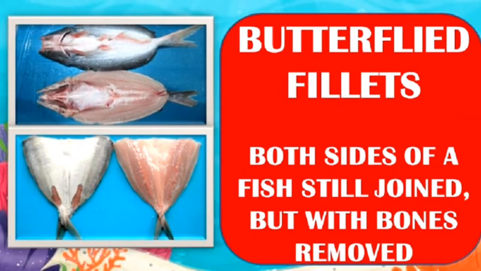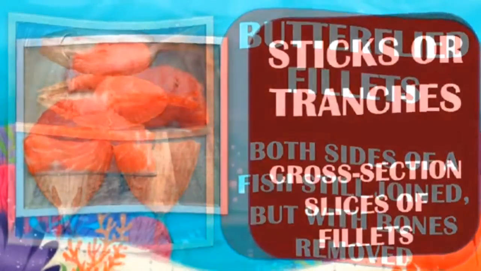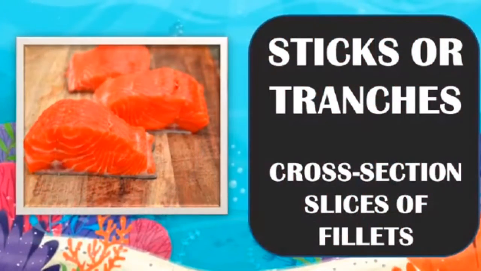Number 6 is the butterfly fillets. Both sides of a fish are still joined but with bones removed. And number 7, sticks or tranches. These are the cross-section slices of fillets.